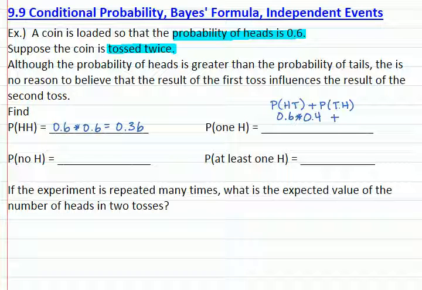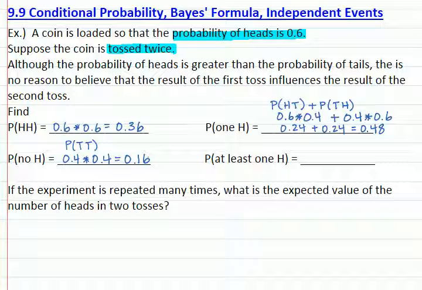The probability of getting tails first, 0.4, times the probability of getting heads second, 0.6. 0.24 plus 0.24 equals 0.48. The probability of getting no heads is the probability of getting only tails. So 0.4 times 0.4, that will be 0.16.